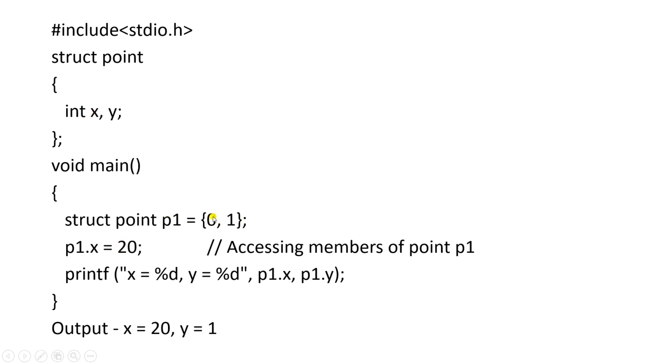Initially x value was 0, then I am changing it to 20. Then I am printing, printf x is equal to %d, y is equal to %d, and p1.x, p1.y. Since I changed the value of p1.x to 20, it will print 20, and p1.y I didn't change, so it is 1.